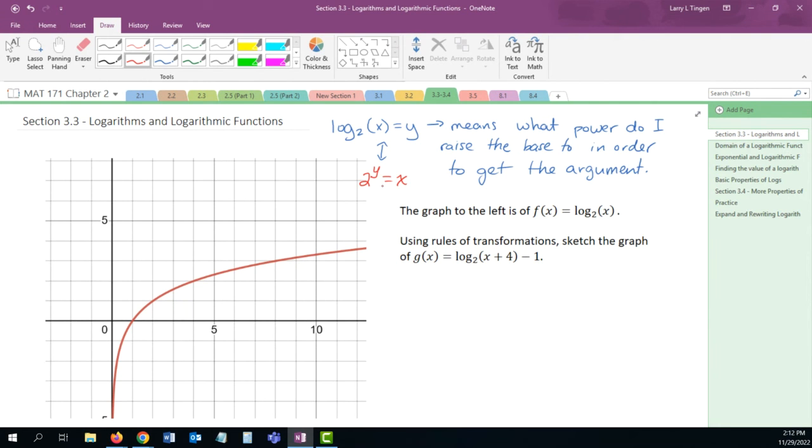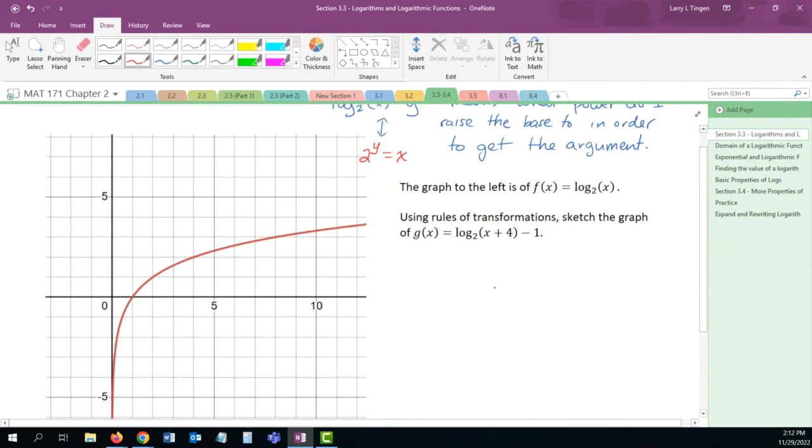So the graph I have is log base 2 of x. Using the rules of transformation, let's sketch the graph of log base 2 of x plus 4, minus 1. Same manipulation as before. This is a plus 4 inside, so that means go left 4 units. And that minus 1 on the outside means down 1 unit.